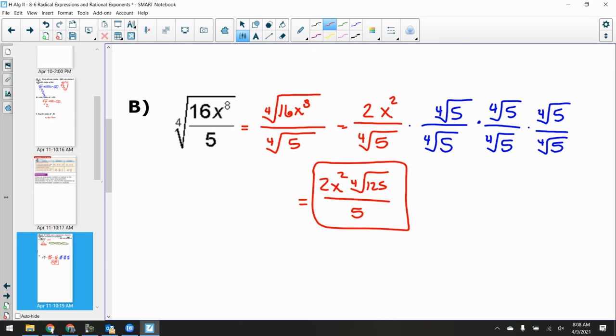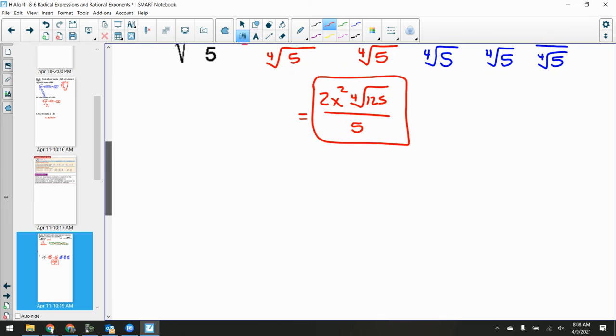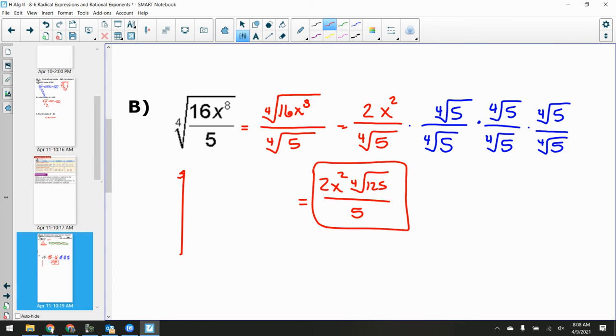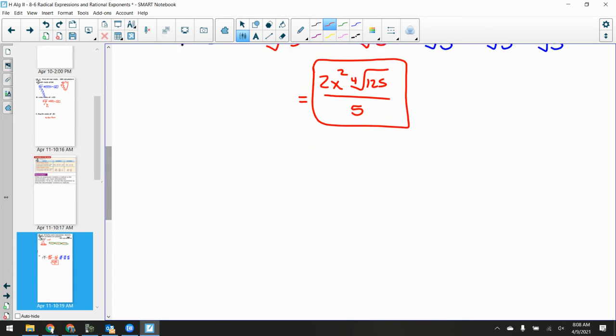Any questions about that? Now, I did want to talk about something. This is not on your guided notes, but what happens if there's something like the 3rd root of 27x to the 8th?